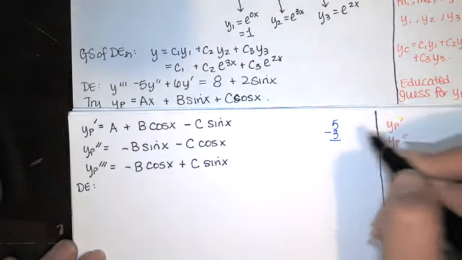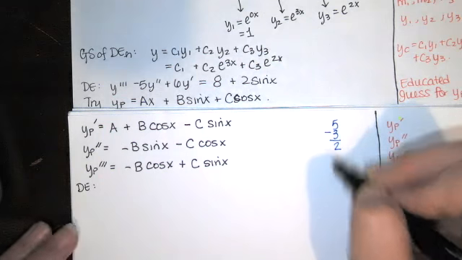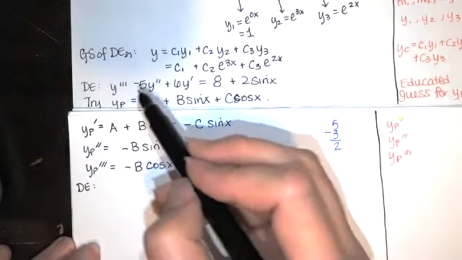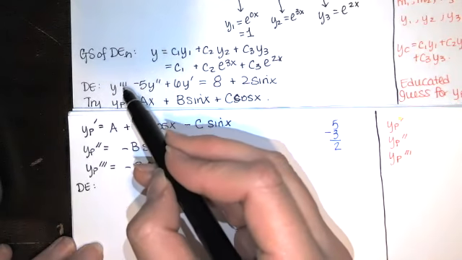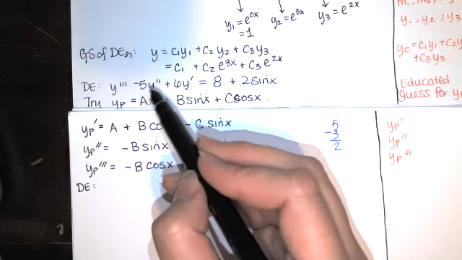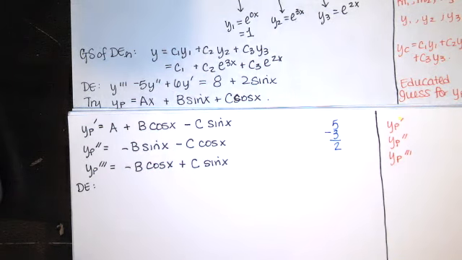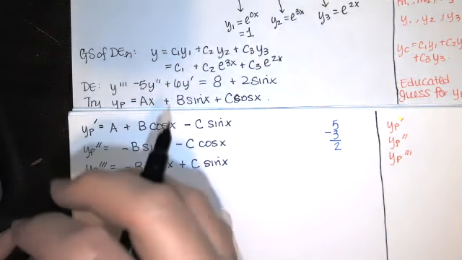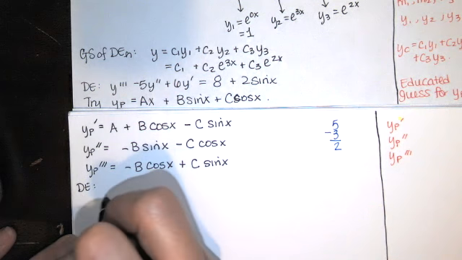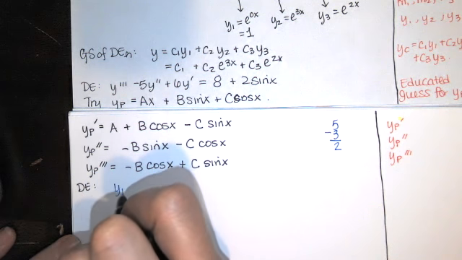Like, remember in elementary school, you would say 5 minus 3 is 2, and you would write it like this. We're going to do the same thing here with y sub p triple prime, negative 5 times y sub p double prime, and 6 times y sub p prime, because again, it makes the bookkeeping easier. Then we can put like terms in columns.